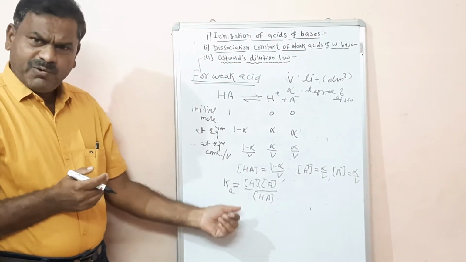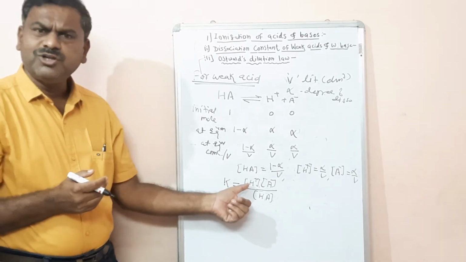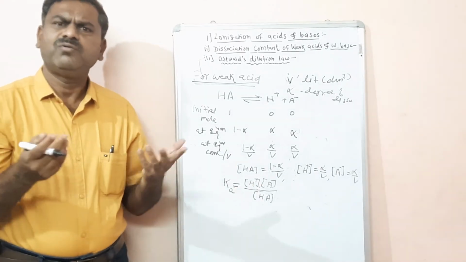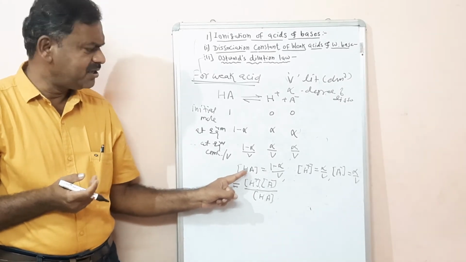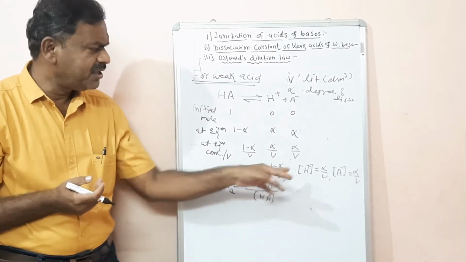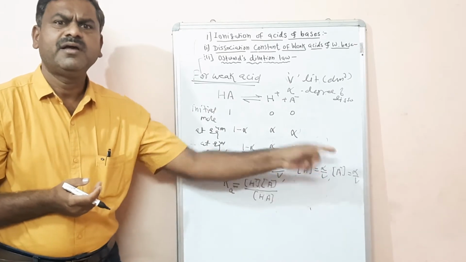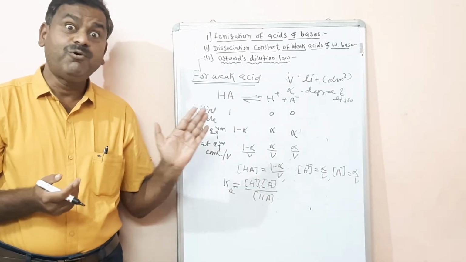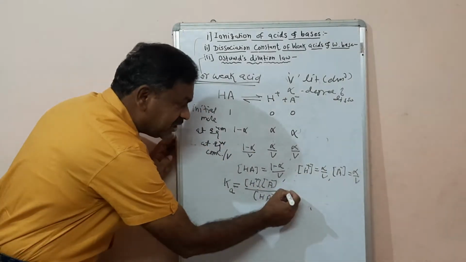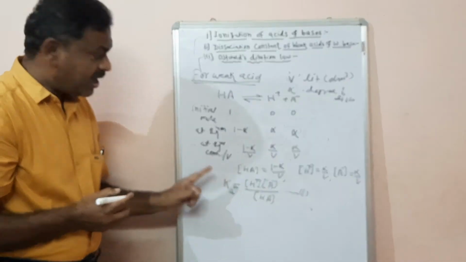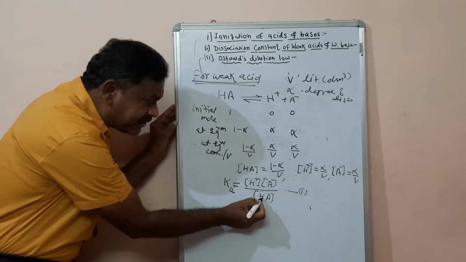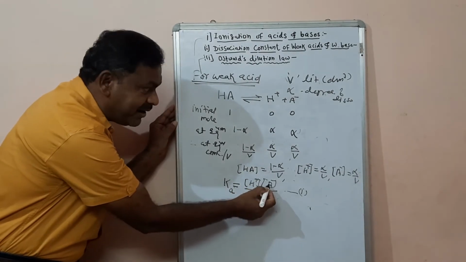Suppose this is equation number 1. Now put in the values of HA, H plus and A minus.